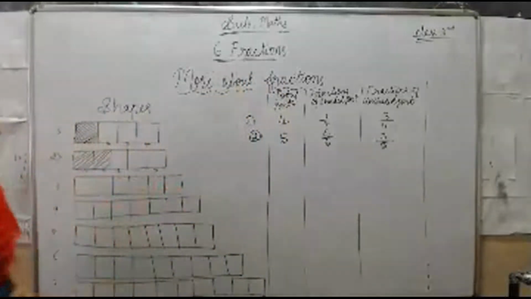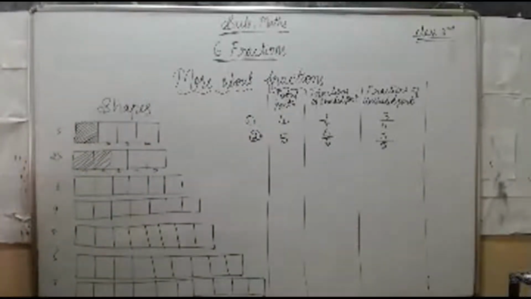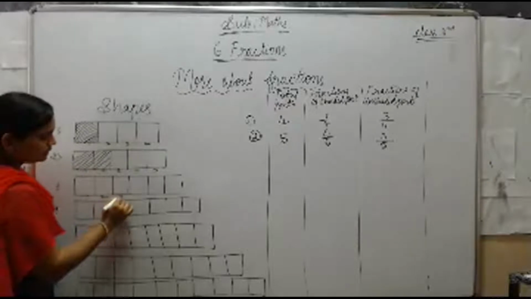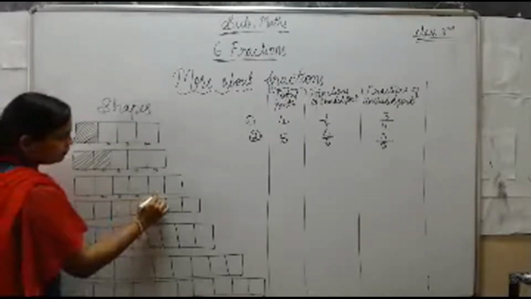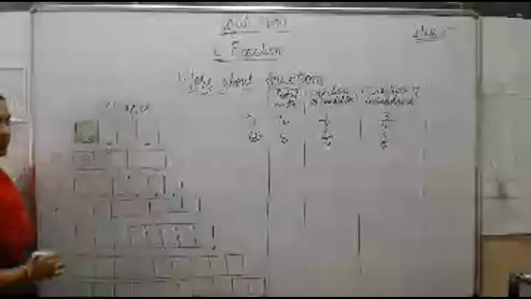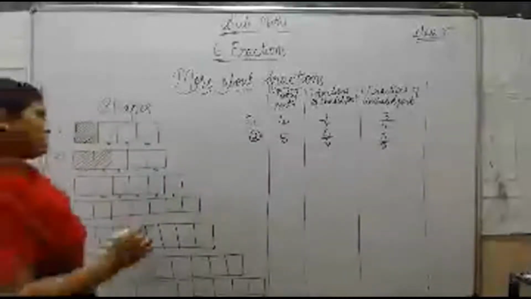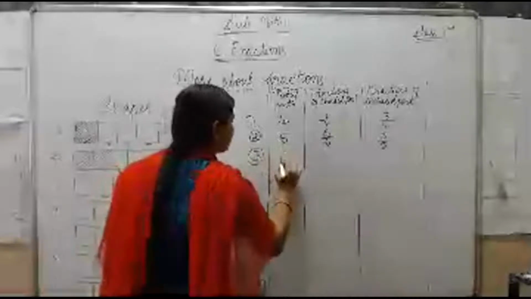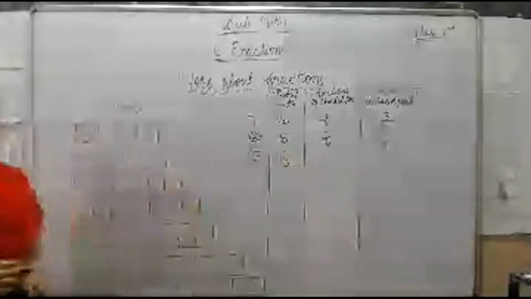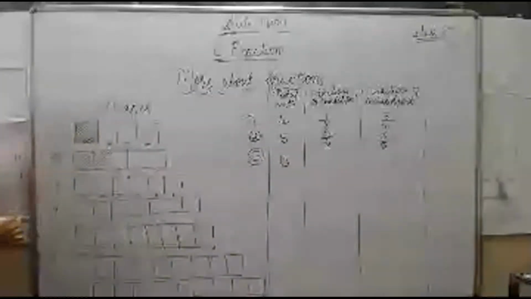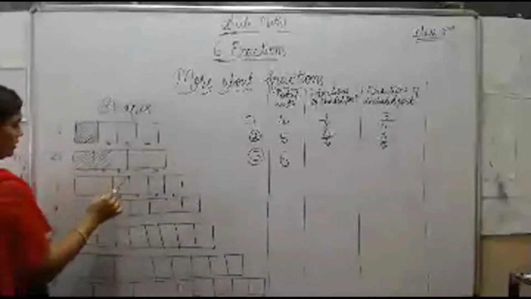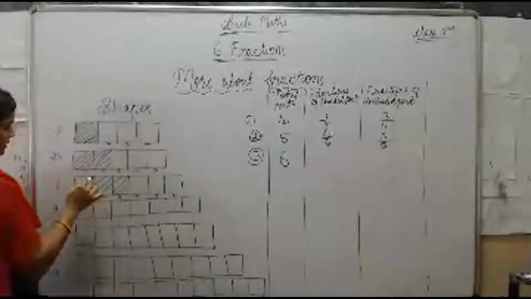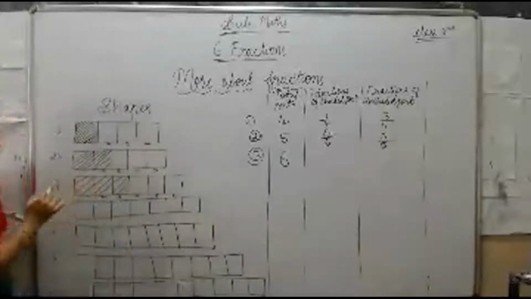Next, third shape. Let's count how many parts are there in this one. 1, 2, 3, 4, 5, 6. Total number of parts 6. In the 6 parts, I am shading these 3 parts here: first, second, and third.